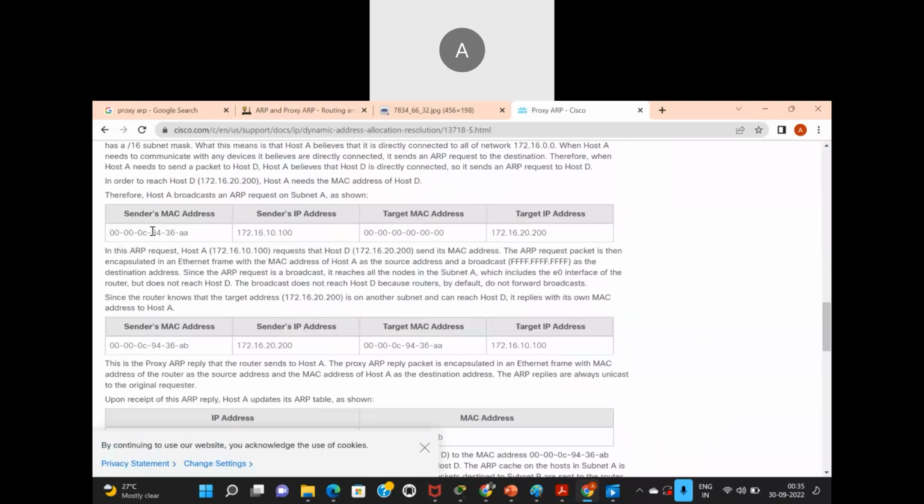Okay, guys, let's see this sender's MAC address. This is the sender's MAC address, right? And his IP address is 172.16.10.100, and he is aiming for 172.16.20.200. So that is in a different network.